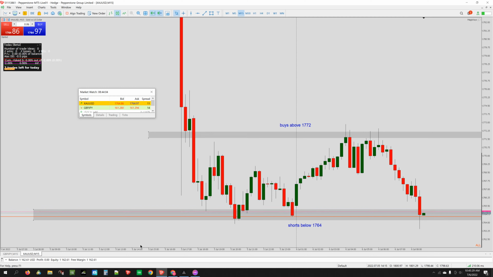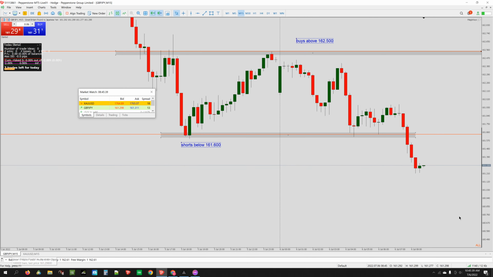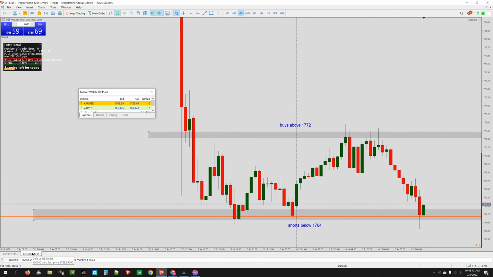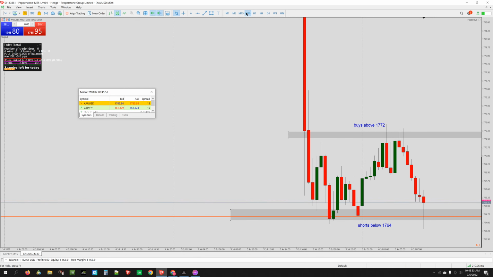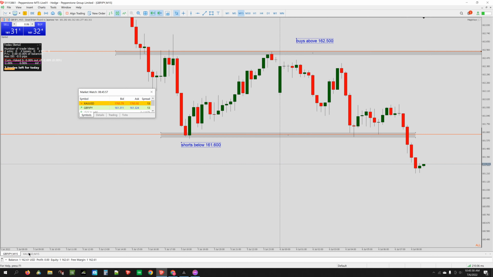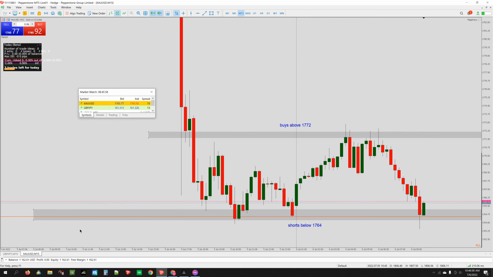We have closed like a rejection in gold. GBP JPY we have closed like a small bullish candle. So basically we have now done a fake out in gold, but still it can keep pushing down, but that's a whole different story. We are just waiting.